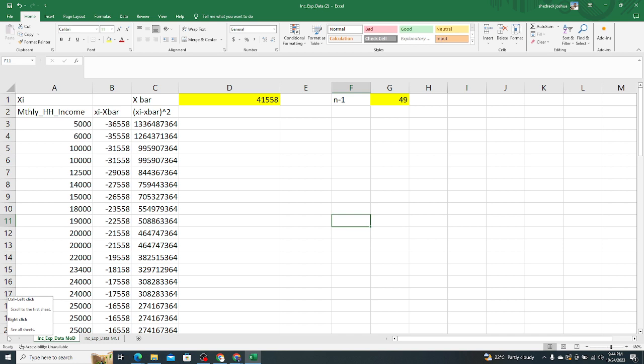So you will remove those outliers first, before you can do the descriptive statistics.